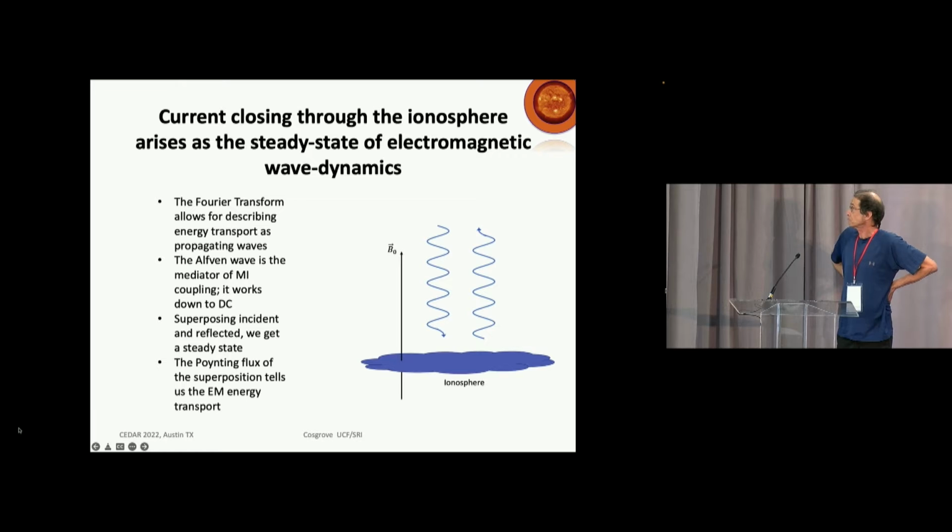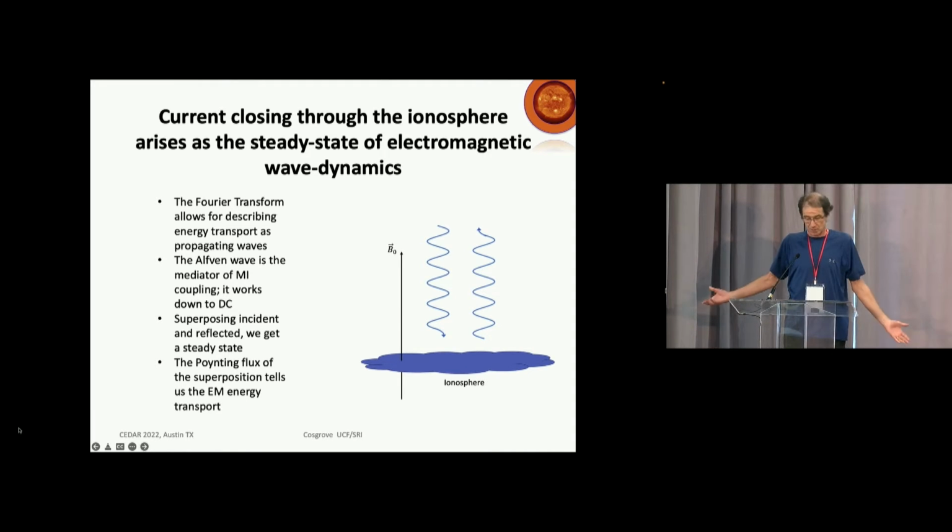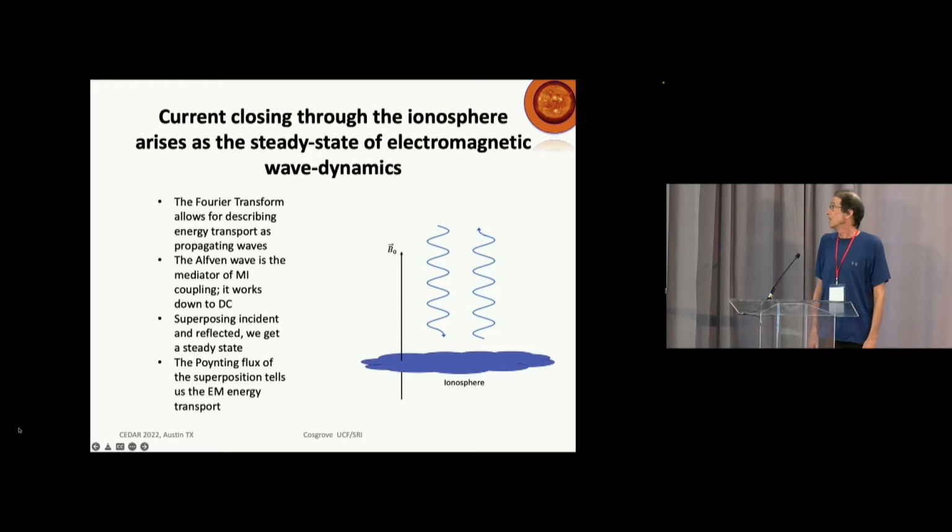If you take the Fourier transform of equations of motion, any equations of motion pretty much, you find that you can express energy transport as wave transport. And you can figure out which waves do the work and which waves can't propagate under those frequencies or scales.